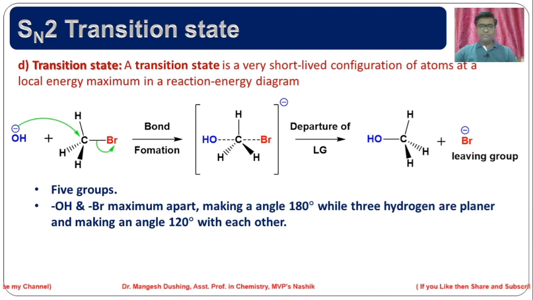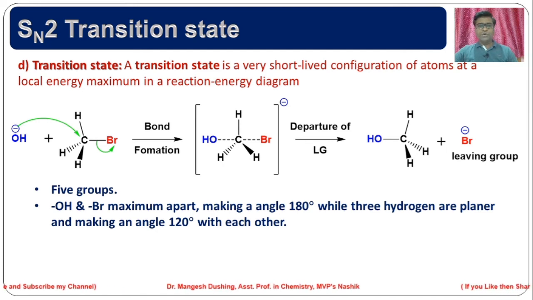The angle between C-Br and C-OH is 180. All three hydrogens are in one plane, so the angle between any two hydrogens is 120 degrees. So C and 3H are planar.